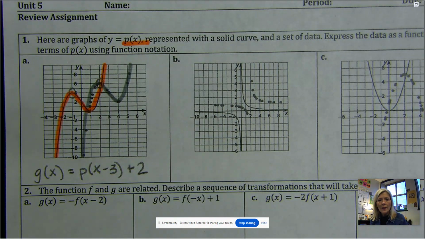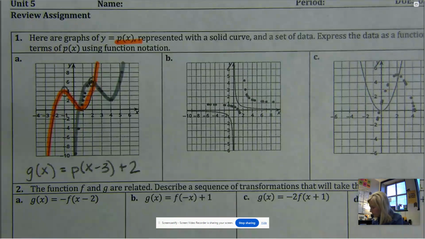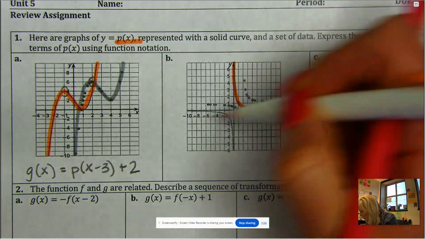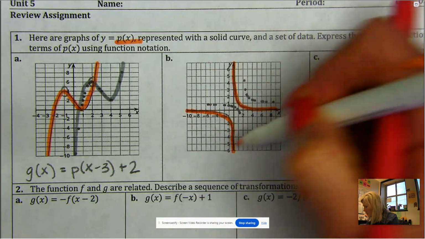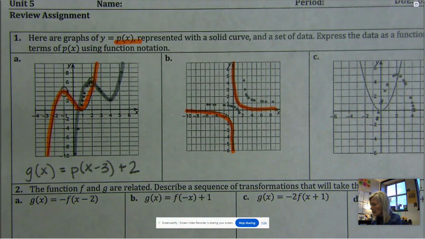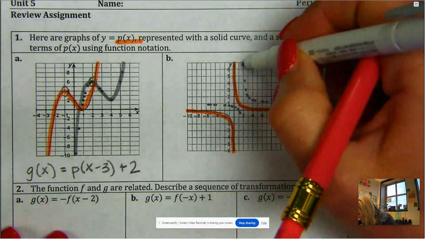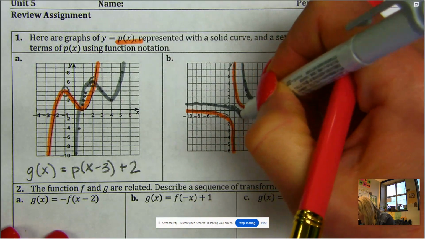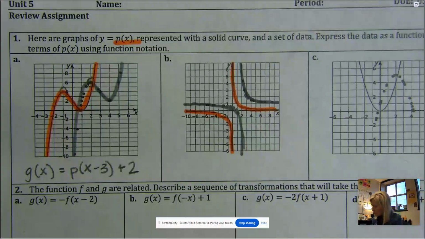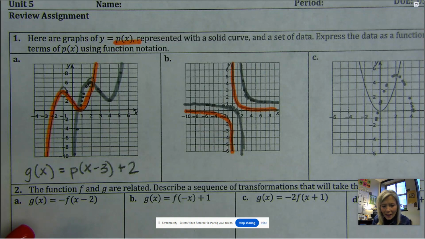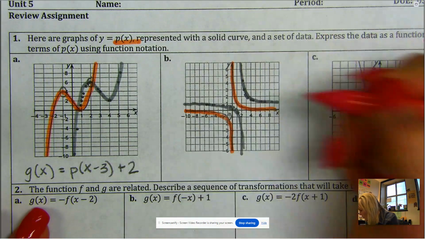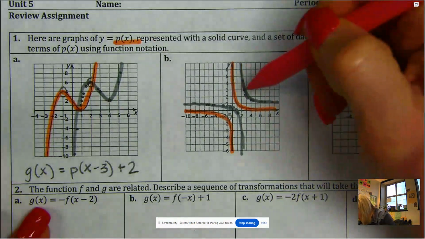All right. On the next one, this also looks like I can get there with a translation. So here's P of X, and then the data will be G of X. So, some points to focus on looks like this one right here.